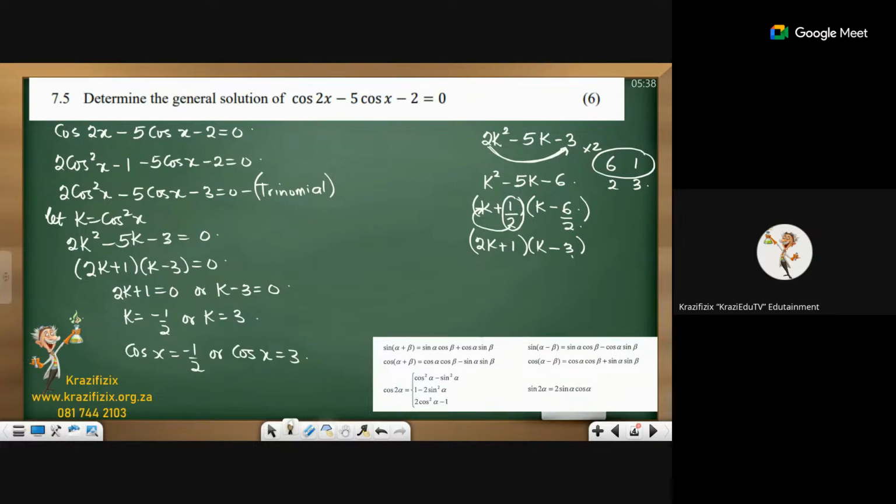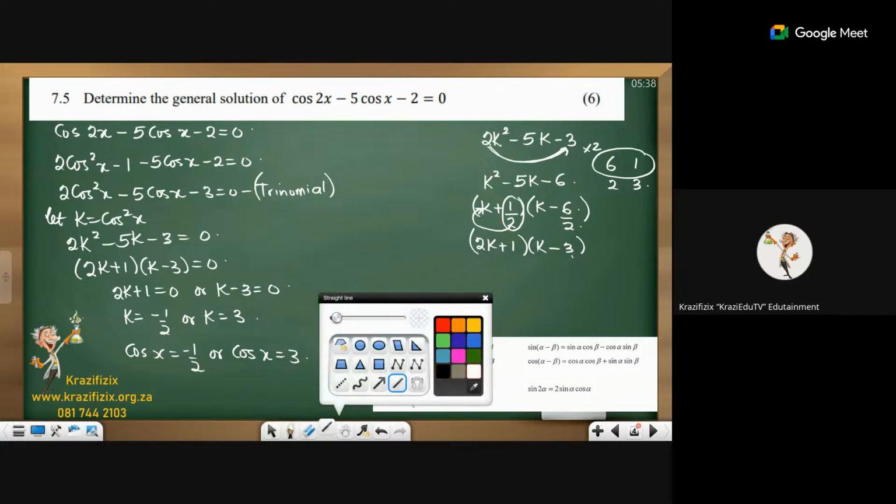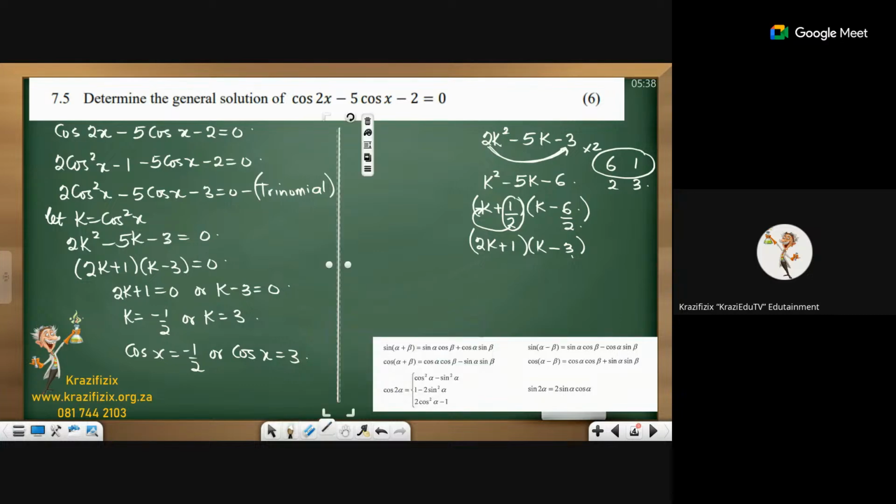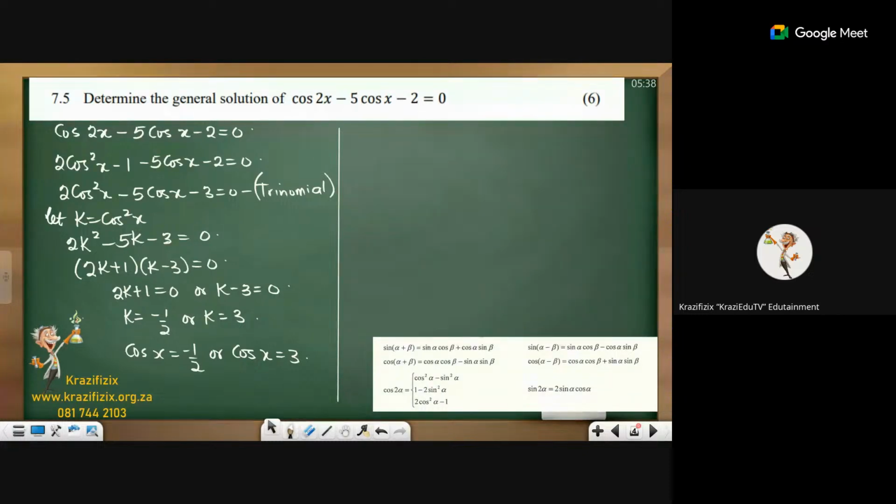By the way, should you struggle with factorization in the exam, you are also allowed to use the quadratic formula.